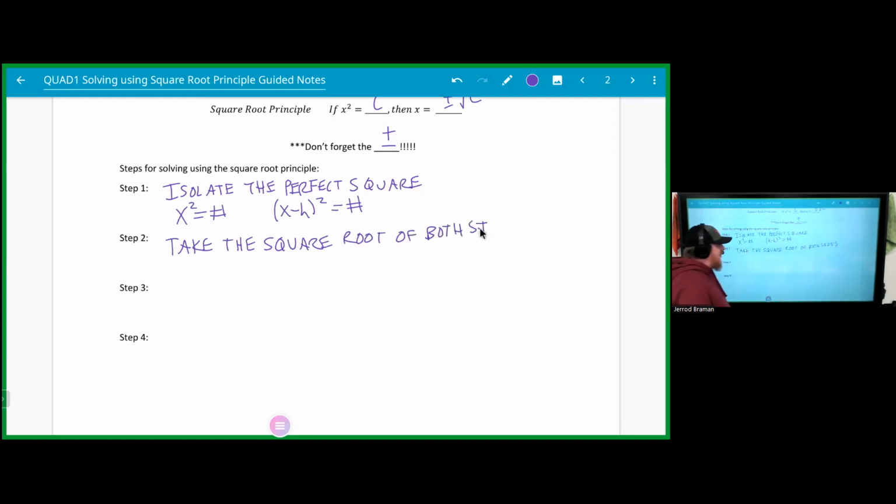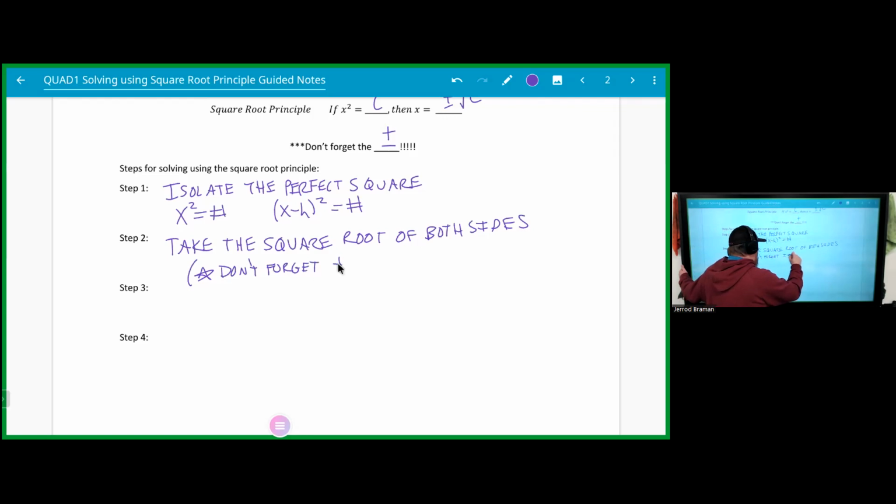This is where you don't forget that plus and minus. Now I'll just take the stars out so you don't get a little confused there. Don't forget that plus and minus.